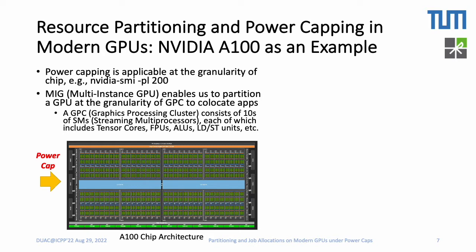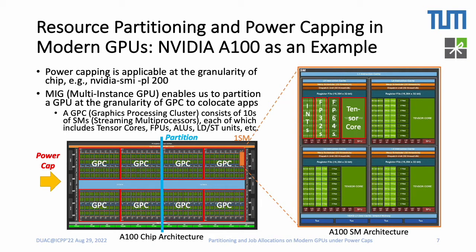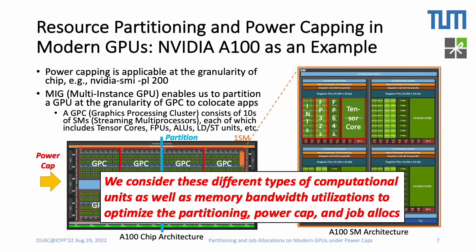GPC stands for Graphics Processing Cluster that consists of tens of streaming multiprocessors, and each SM includes tensor cores, FPUs, etc. One A100 chip consists of 8 GPCs like this, and that can be partitioned like this. One SM is here, and that consists of multiple computing units. We consider these different types of computational units as well as memory bandwidth utilization to optimize partitioning, power cap, and job allocations.